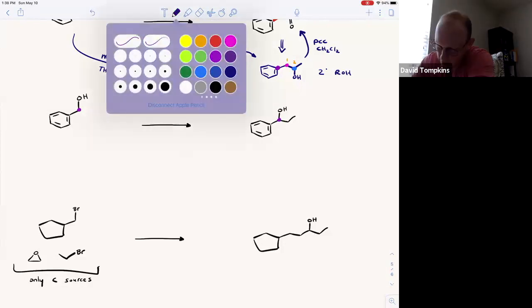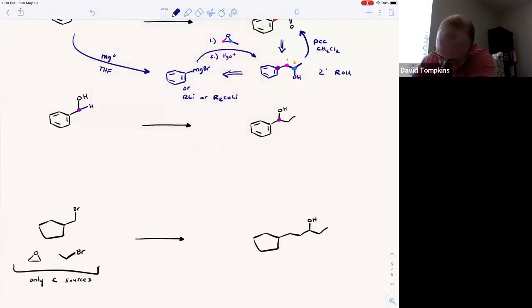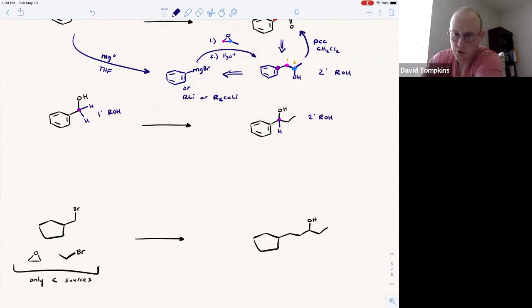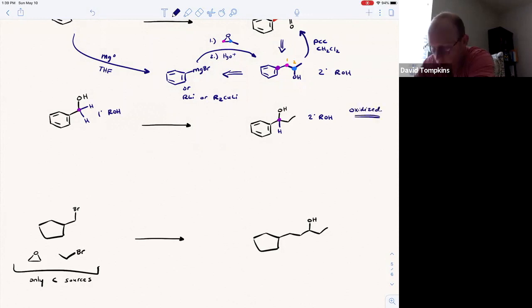In other words, there are 2 hydrogens on this primary alcohol, and now there's a single hydrogen at the secondary alcohol, which means that oxidation has occurred because we have decreased the number of carbon-hydrogen bonds.